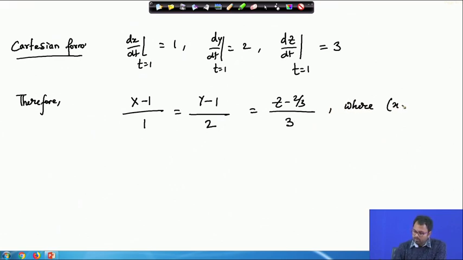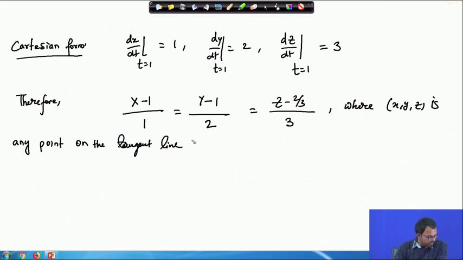Here x, y, z is any point on the tangent line at P (1, 1, 2/3).